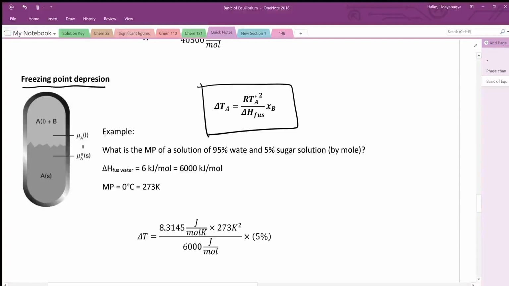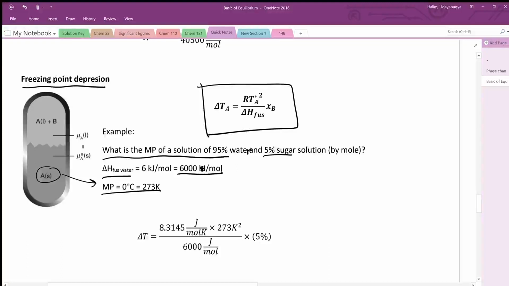So an example would be: what is the new melting point of a solution containing, I still have the same typo, sorry, 95% water and 5% sugar, if you're given that the enthalpy of fusion is 6,000, same typo, 6,000 joules per mole, and you know that the melting point of the solid is initially 0 degrees Celsius, or 273 Kelvin.